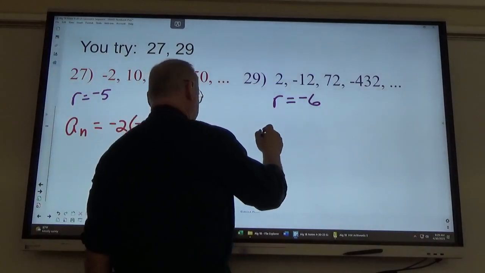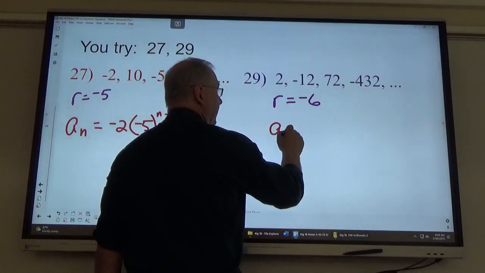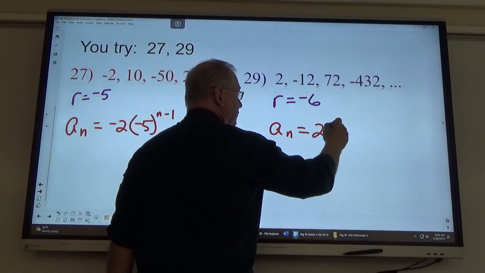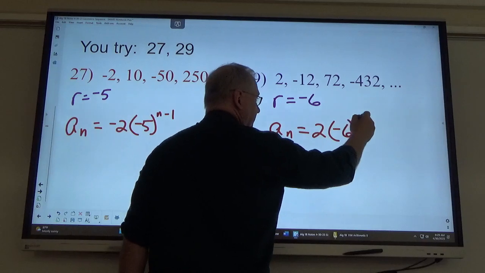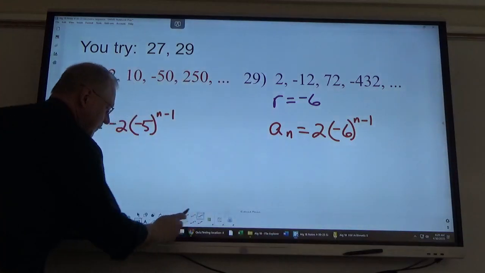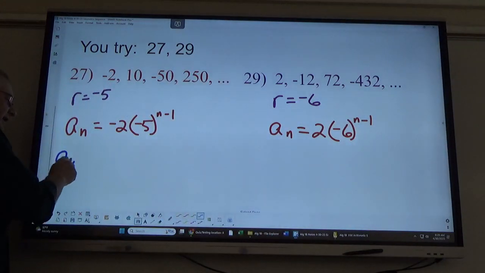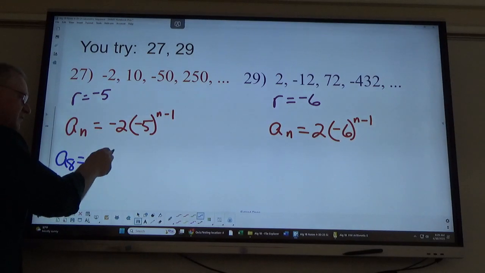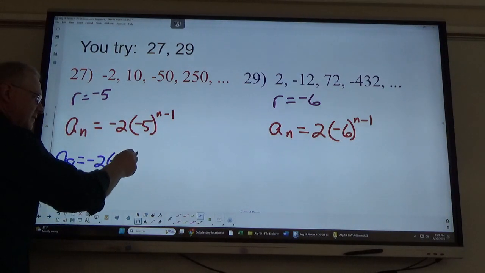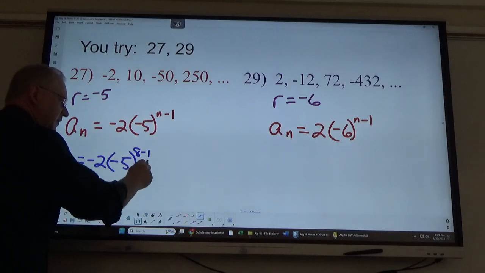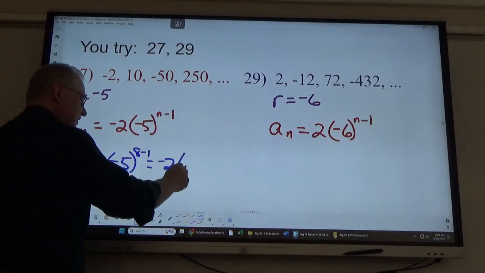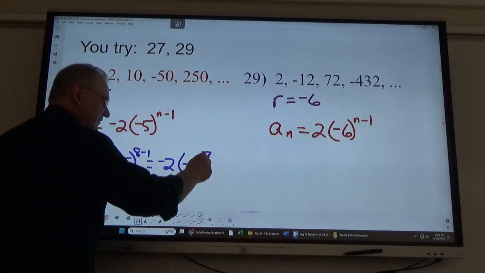Over here, a sub n is going to be 2 times -6 to the n minus 1. A sub 8, negative 2 times negative 5 to the 8 minus 1, which is negative 2 times negative 5 to the 7.